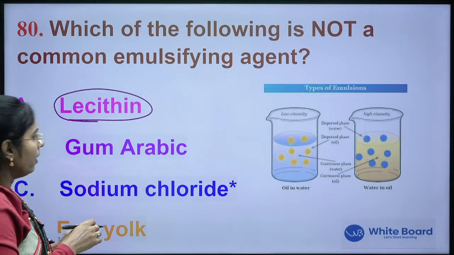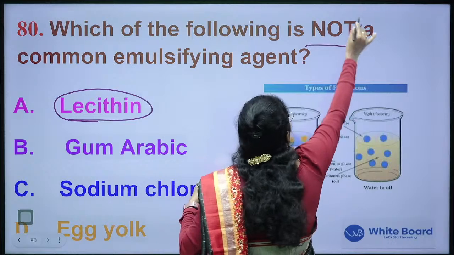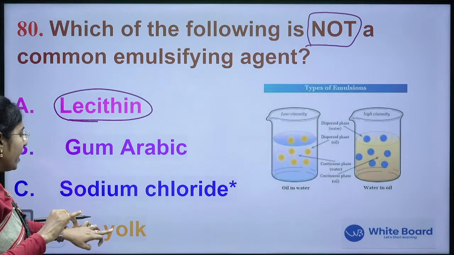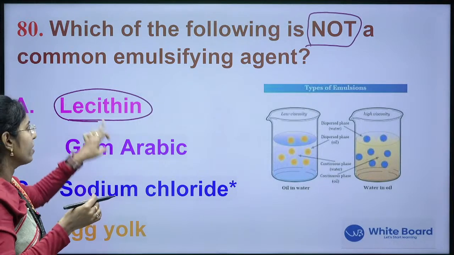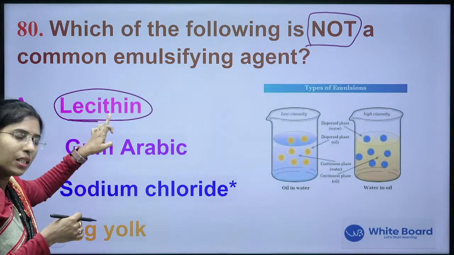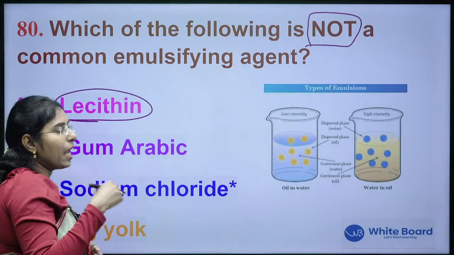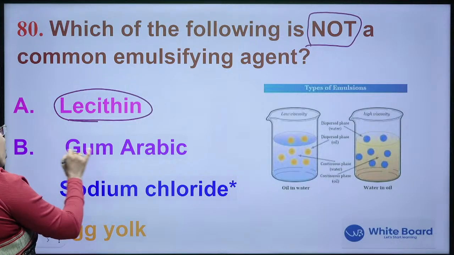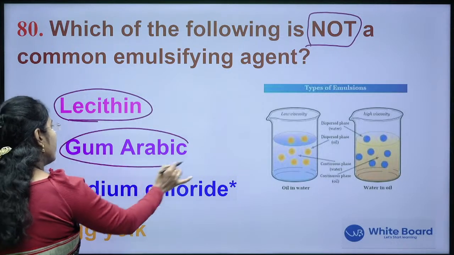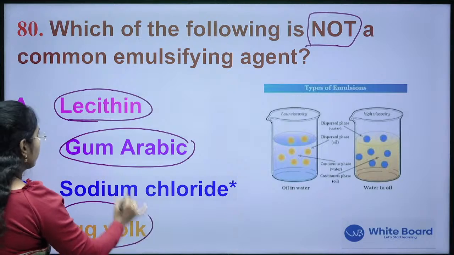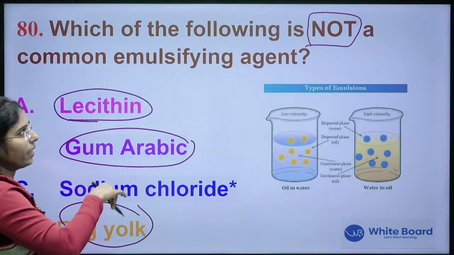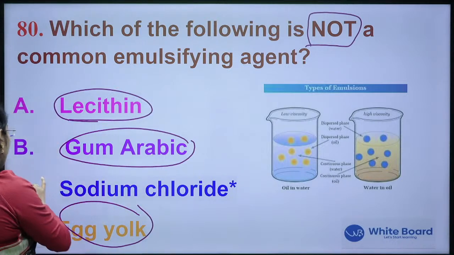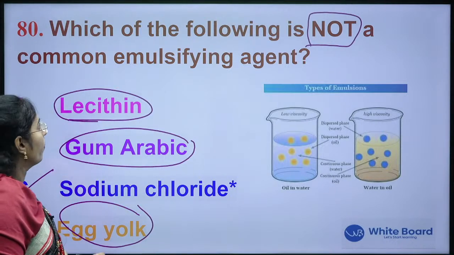Egg yolk generally consists of lecithin, which acts as an emulsifying agent. Gum arabic is also used as an emulsifying agent, and egg yolk also contains lecithin. So, these three act as emulsifying agents, whereas sodium chloride will not act as an emulsifier.